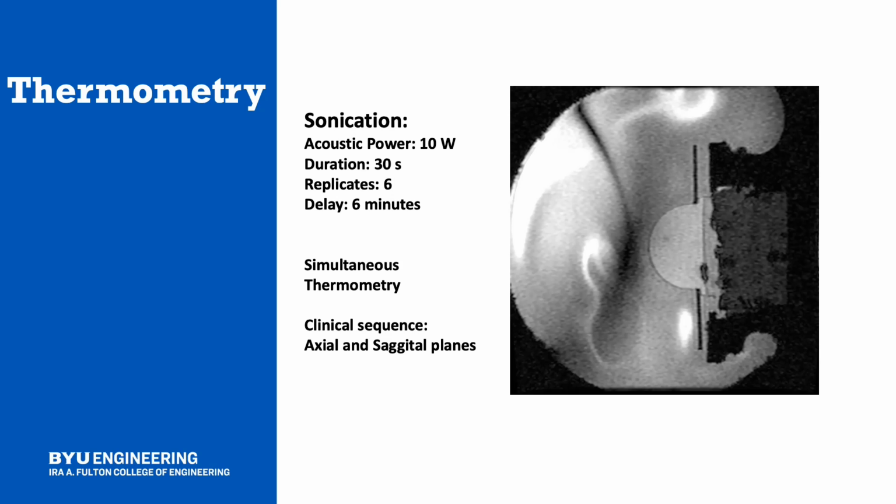Both the clinical thermometry and the proposed volumetric thermometry sequence were used to monitor temperature at the insonation site, for a total of 6 sonications. A 6-minute cool-down time was imposed between the sonications.